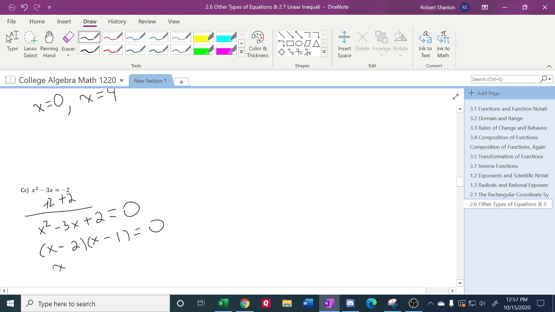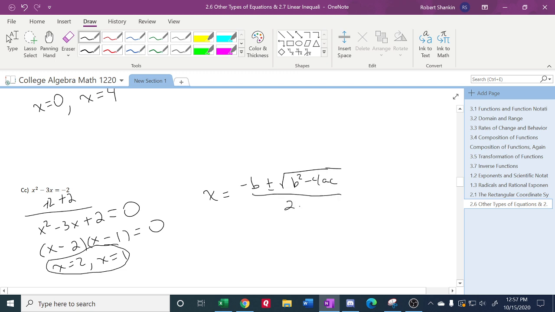And then x equals 2, x equals 1 causes each of those parentheses to become 0. And that's my solution. And if it hadn't factored, you'd have used the quadratic formula, which I'll just throw up here to remind you. Use that formula if it doesn't factor.